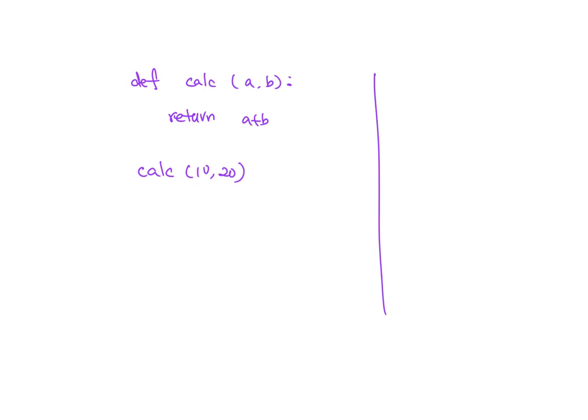Now, if I consider a similar function, say calc with A and B, and then I return A plus B, and in that case I call this calc function with the values 10 and 20, then this 10 plus 20 will be executed within the calc function and returned by the function, but that value is not received by any other variable.